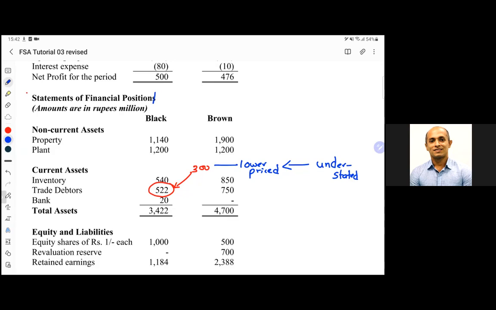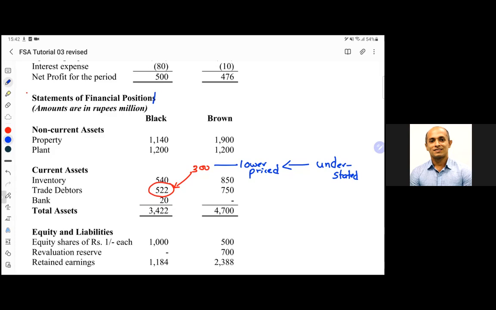Part of the debtors the company has recorded at a lower price. Therefore, debtors have been understated. So this impacts your analysis.